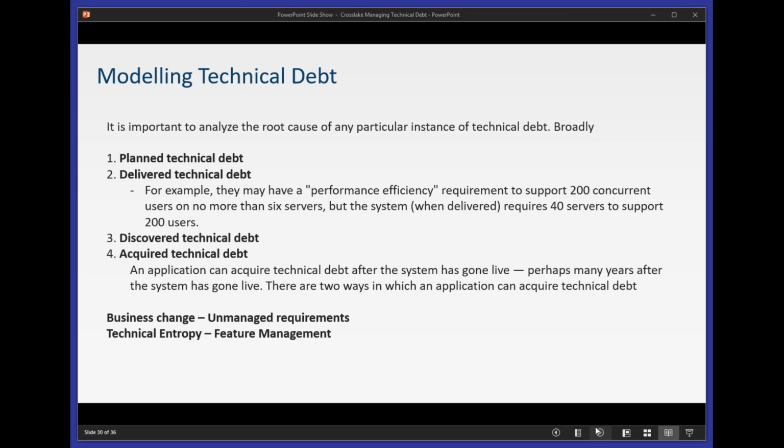Discovered technical debt is the stuff that's crept in the background and is causing an organization problems, as well as acquired technical debt, which is often in a lot of mergers and acquisitions. I worked with one organization, without giving names, that grew by consumption, and it had 1,000.